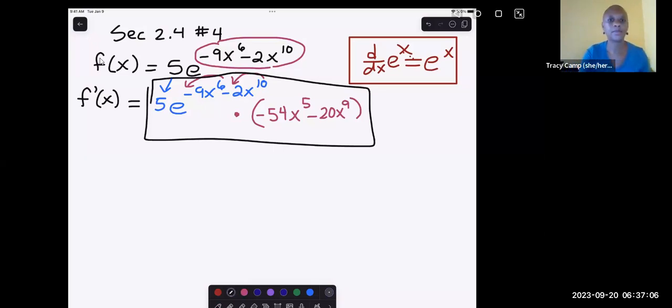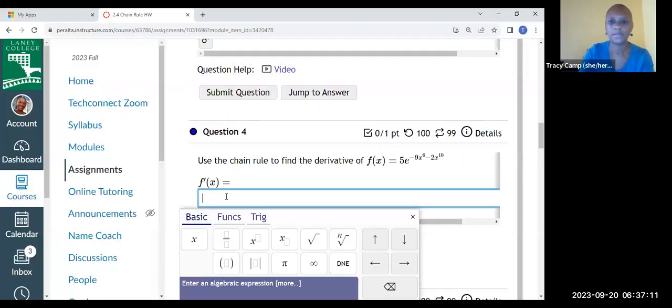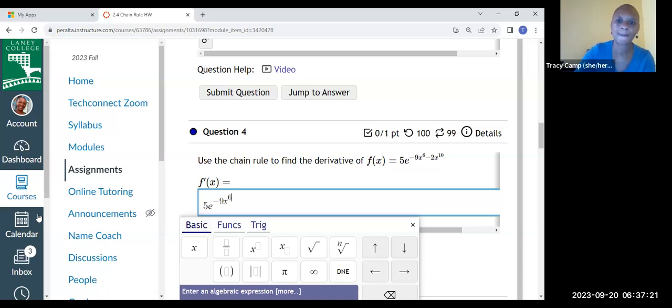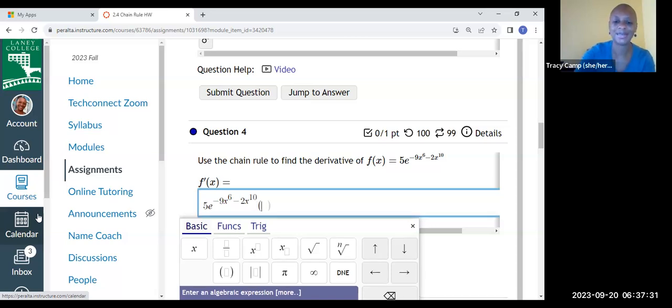And just enter your answer like this. So let's go ahead, enter the answer. So what was it? 5e raised to the power of -9x to the 6th minus 2x to the 10th times -54x to the 5th minus 20x to the 9th.